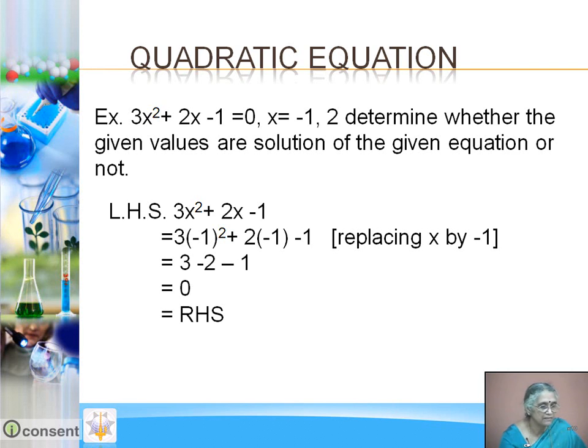So 3 into (-1) square plus 2 into (-1) is equal to 3 minus 2 minus 1, which is equal to 0, which is equal to the RHS. And therefore x is equal to minus 1 is a root of the given equation. You can do a similar procedure for x is equal to 2.